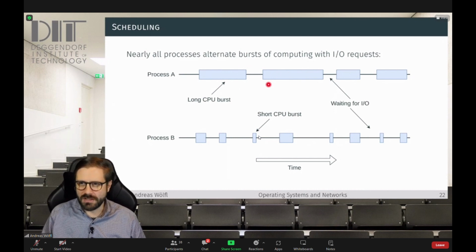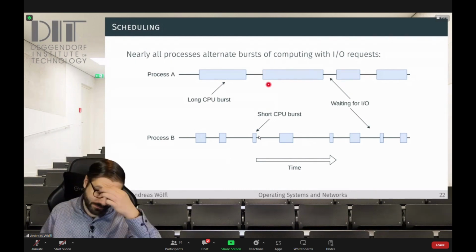On average, to give you a little bit of a feeling how I/O heavy processes are, processes are waiting 70–80% of their time for I/O. So for example, the slideshow that I'm presenting to you right now waits for my input in order to show you the next slide.